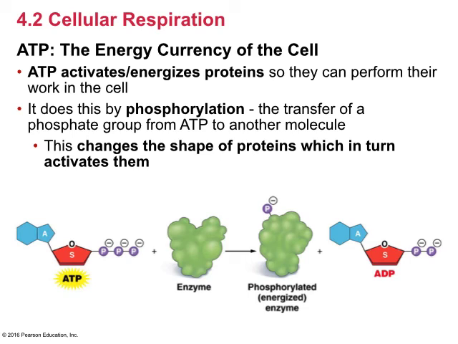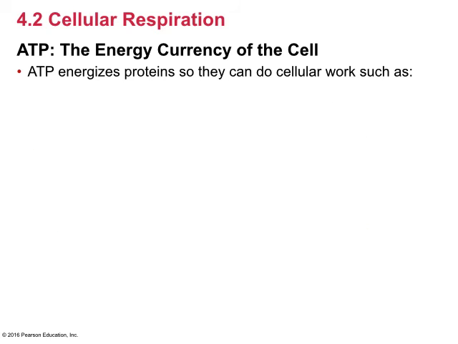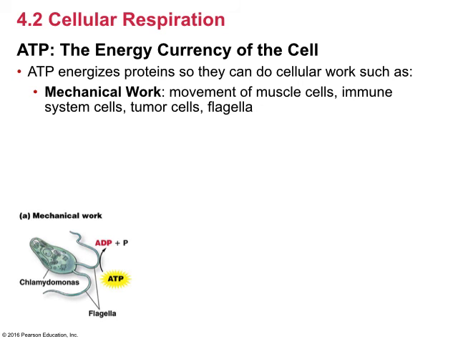And now that it's changed shape, it can do whatever function it needs to do. And you'll notice too that along with the enzyme changing its shape, you're left with ADP, which is adenosine diphosphate, because you've lost one of the phosphates at the end there. And so ATP energizes proteins so they can do cellular work such as mechanical work. So whenever you move your muscle cells, your immune system cells, which are hunting viruses and bacteria that infiltrate your body, tumor cells that migrate, that spread.